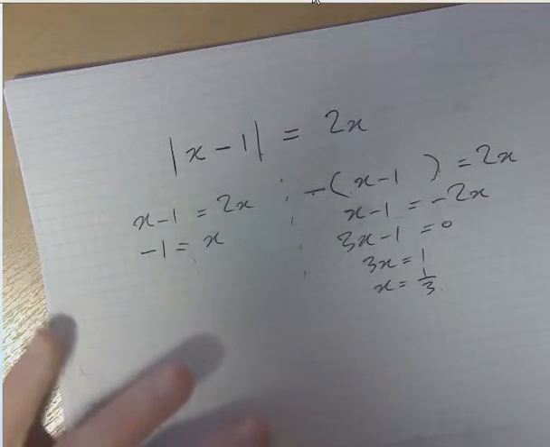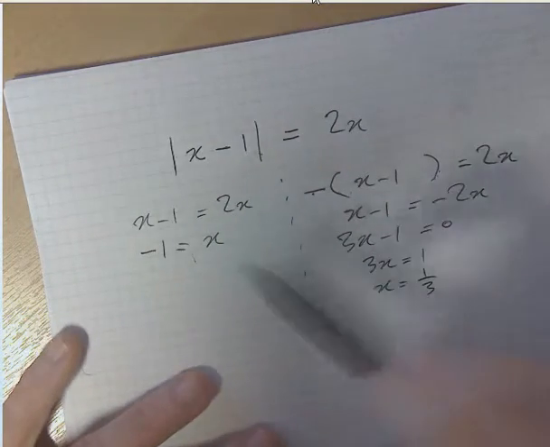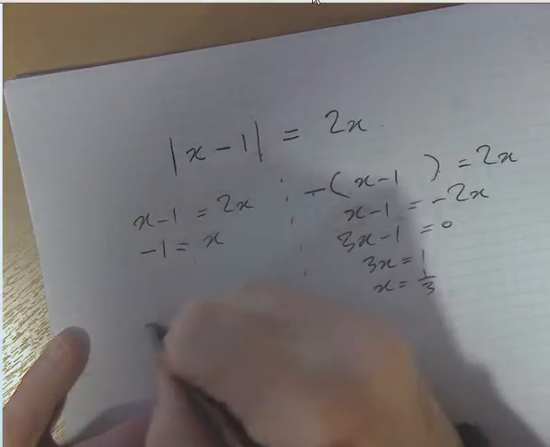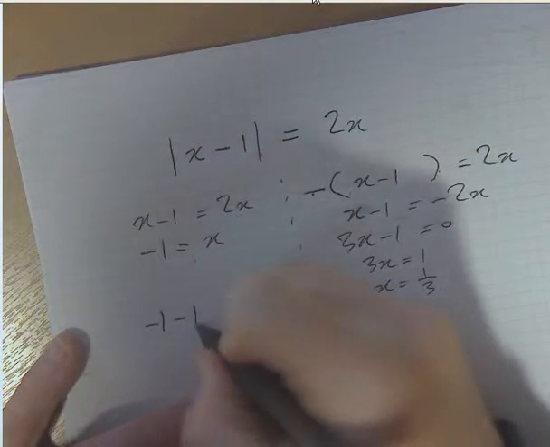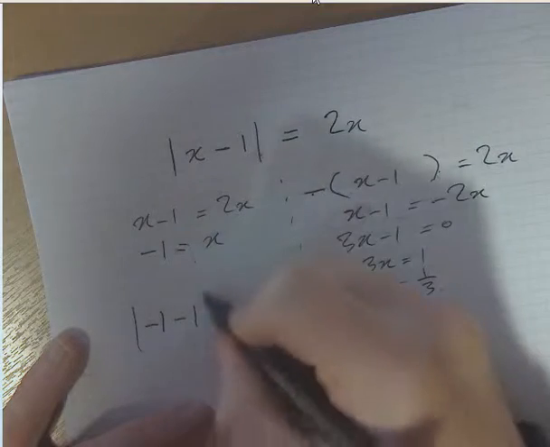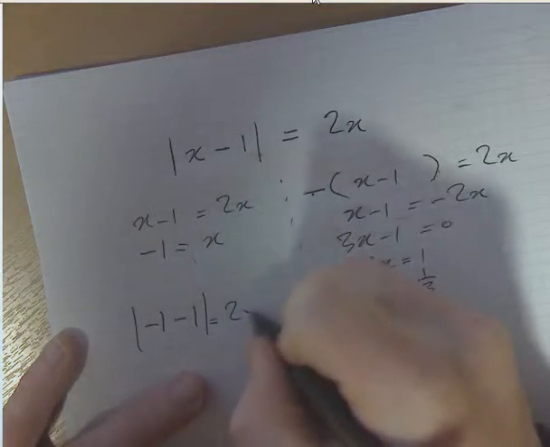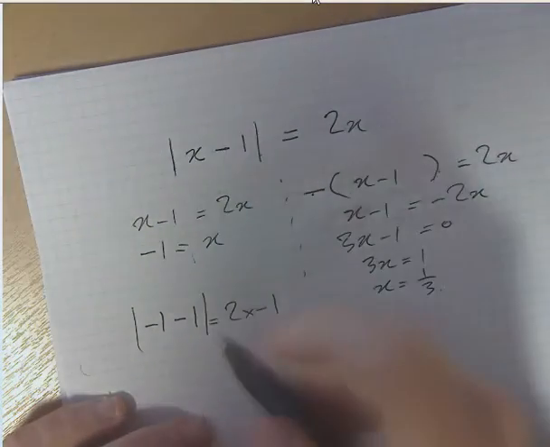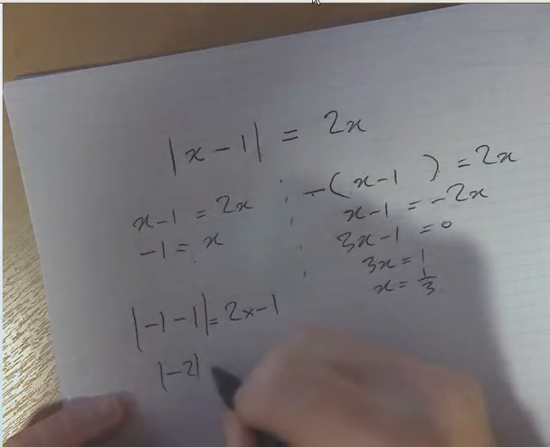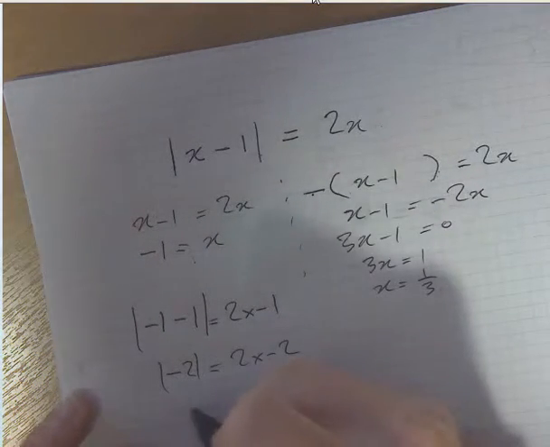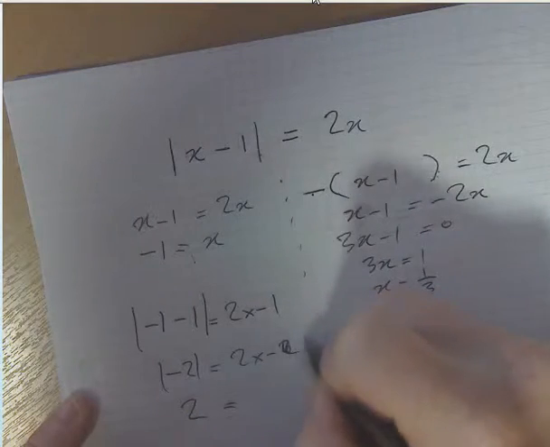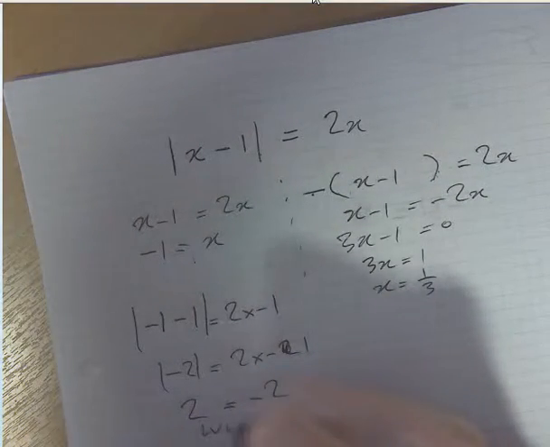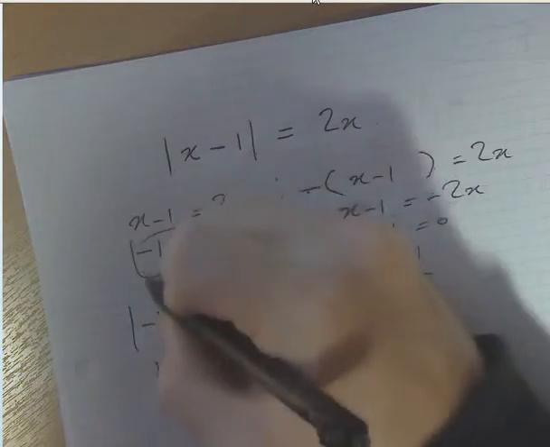Now there's 2 ways of doing that. One is just to substitute in and check that it's true. So this is me substituting into the original equation for x equals negative 1. And I get something which is wrong. So in other words, that is not a solution.